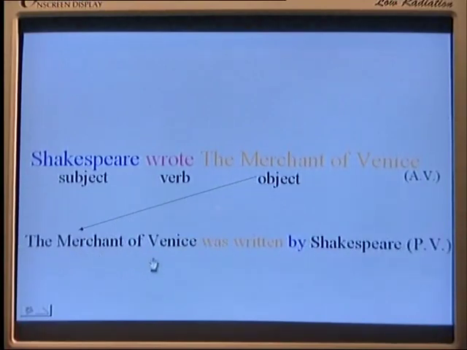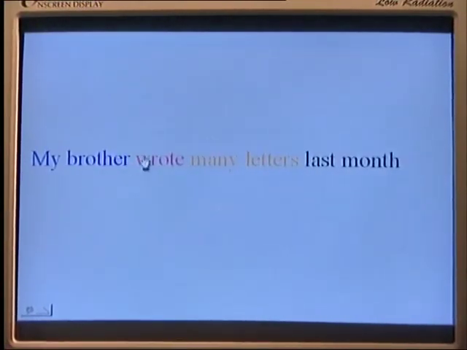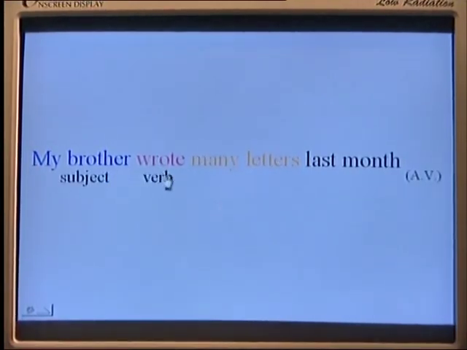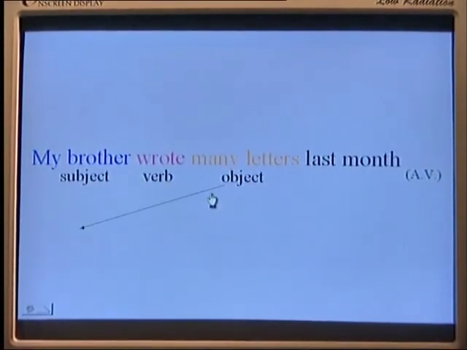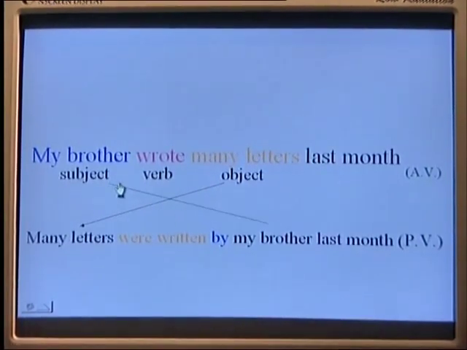Therefore, it becomes The Merchant of Venice was written by Shakespeare. My brother wrote many letters last month. Can you change it into passive voice? My brother subject, wrote verb, many letters object. Many letters were written by my brother last month.